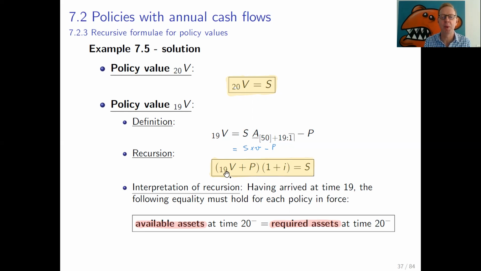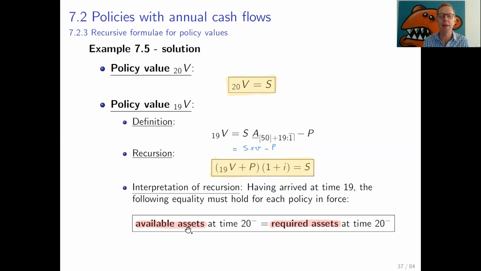What will be the available assets at time 20 minus? Well, at time 19, we have V19. That's the policy value before premium payment. So there is a premium added of amount P at time 19. This total amount accumulates by interest and becomes V19 plus P multiplied by 1 plus i. So the left-hand side of this equation is the available assets that we will have at time 20 minus just before benefit payment.